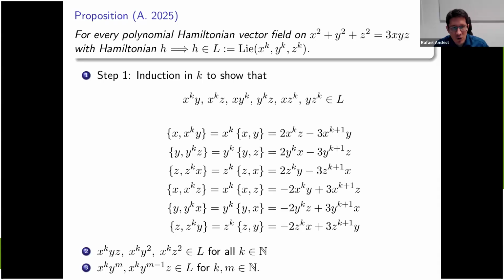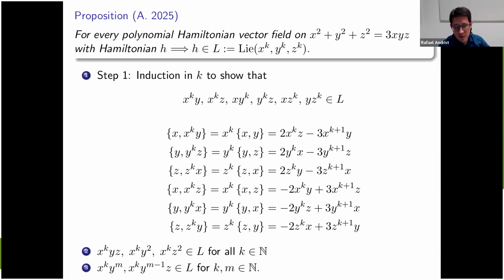So not every polynomial we have to explicitly find, because we can use the Markov equation as an identity when we look at functions on the Markov surface. So this is just to get the flavor. It's like maybe 3-4 pages of computations, but then we get every Hamiltonian vector field is in this Lie algebra, which means we can approximate the flow of every Hamiltonian vector field by the flows of complete ones, by this previous lemma and corollary.